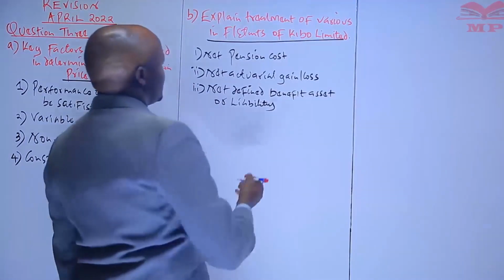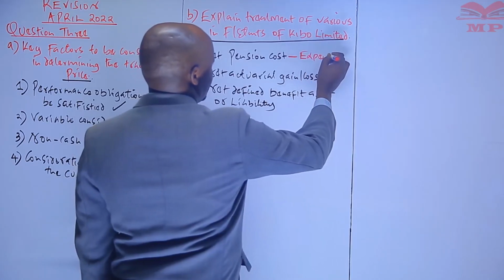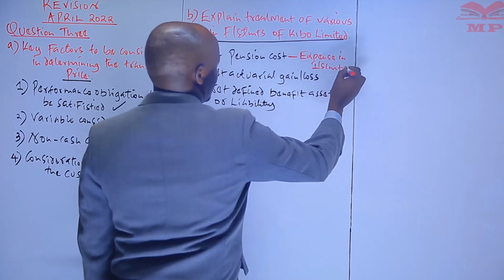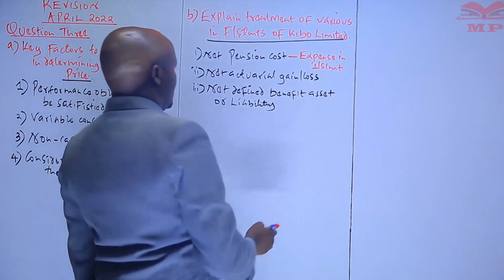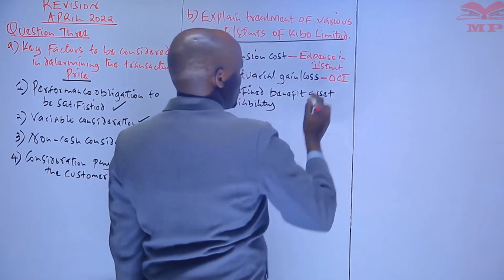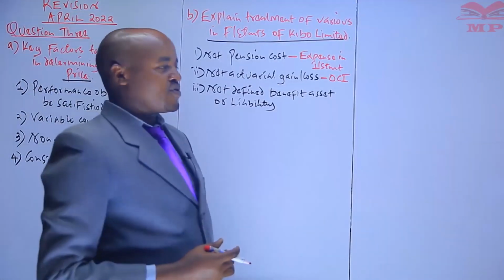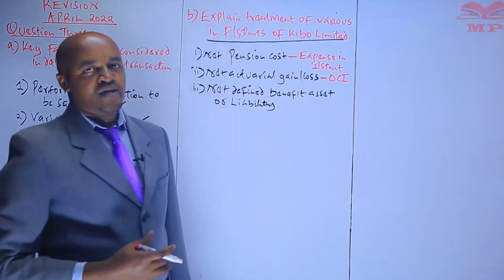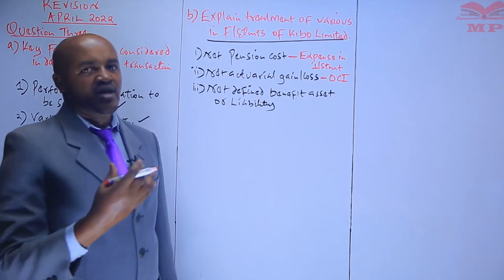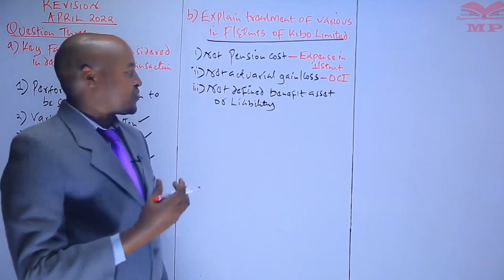Now first of all, this net pension cost is accounted for as an expense in the income statement, whereas the net actuarial gain or loss is accounted for as part of other comprehensive income. Remember, when we talk about other comprehensive income, we are talking of items of income or expenses which should not be included as part of the profit or loss for the year.